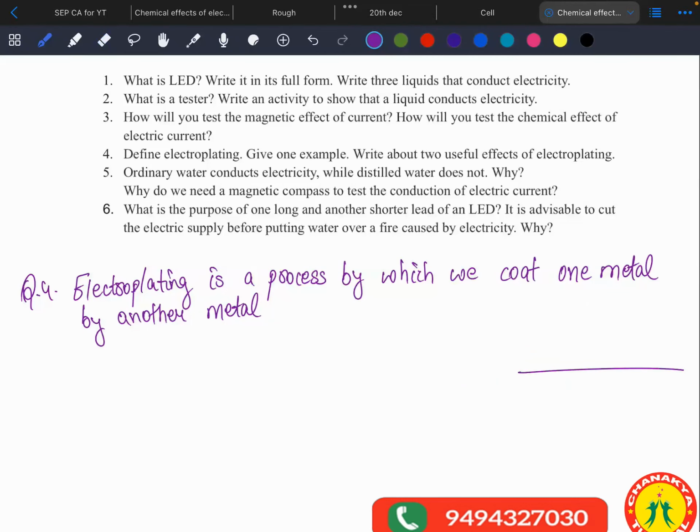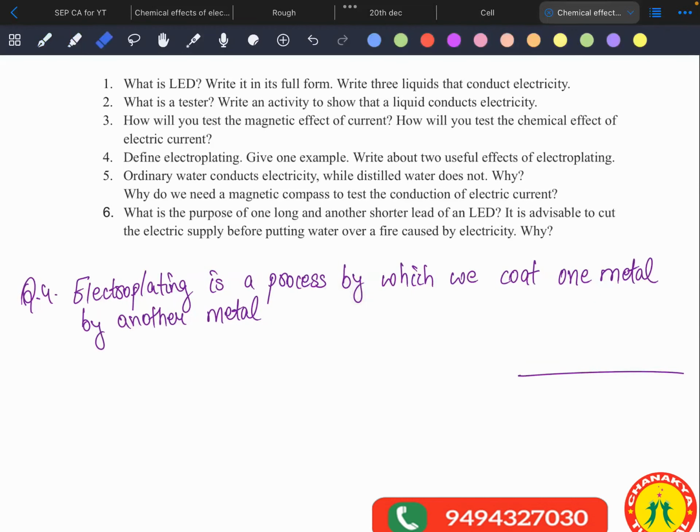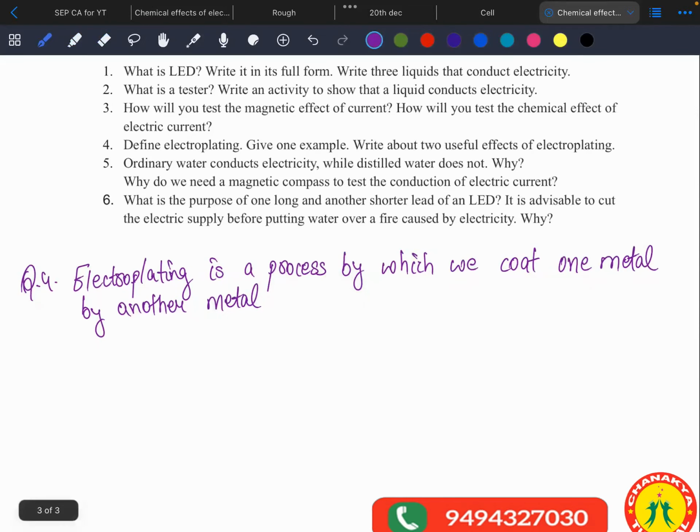Okay, Karthik, can you repeat your definition so that I can write it? Process of coating a layer of metal over another object through the application of electrolysis.